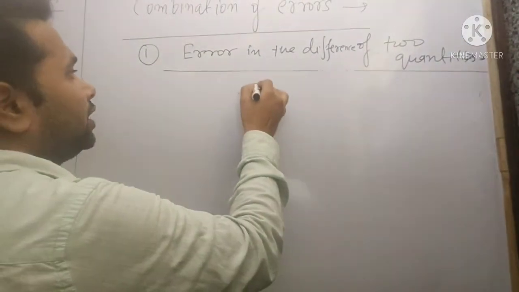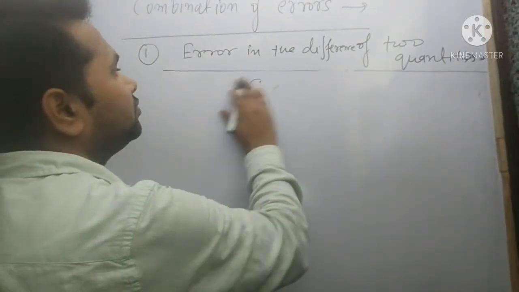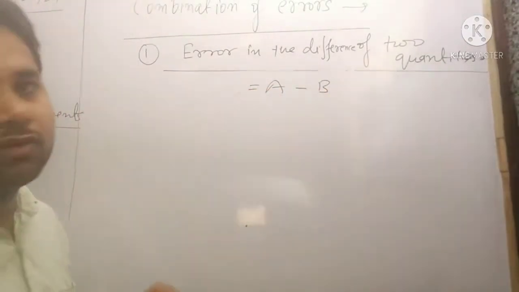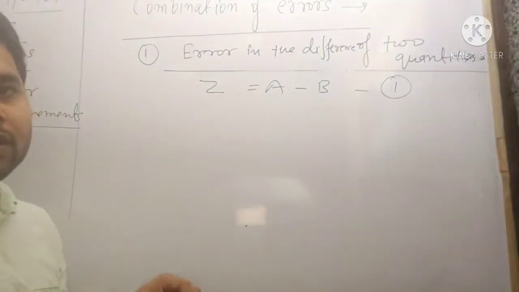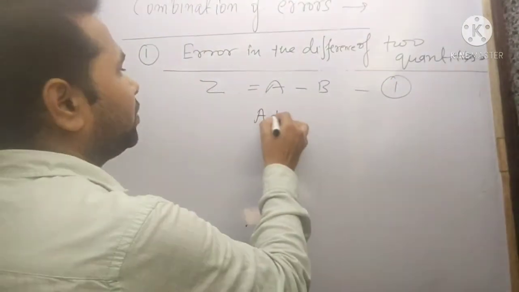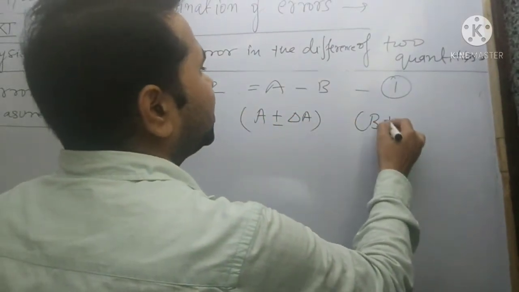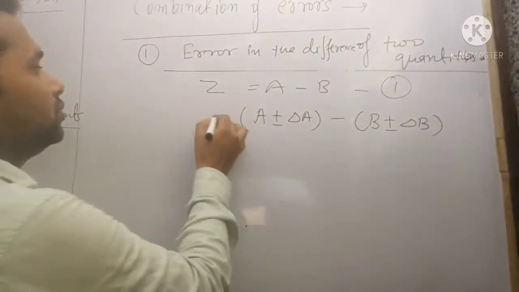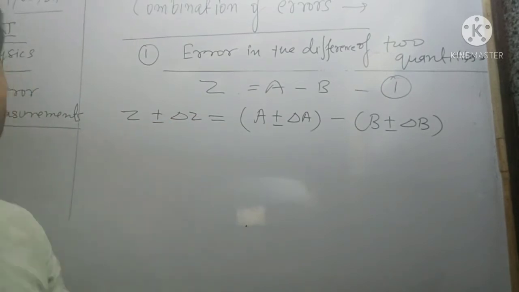Again we have the quantities a and b, and we are getting the difference of these two, that is z, equation number 1. The measured values are again a plus minus delta a and b plus minus delta b, and the difference of these two will be z plus minus delta z. We perform this the same way as the last one, for the difference also.